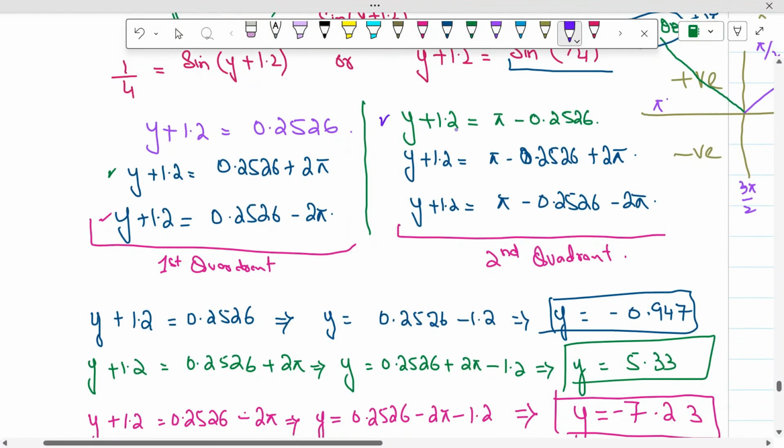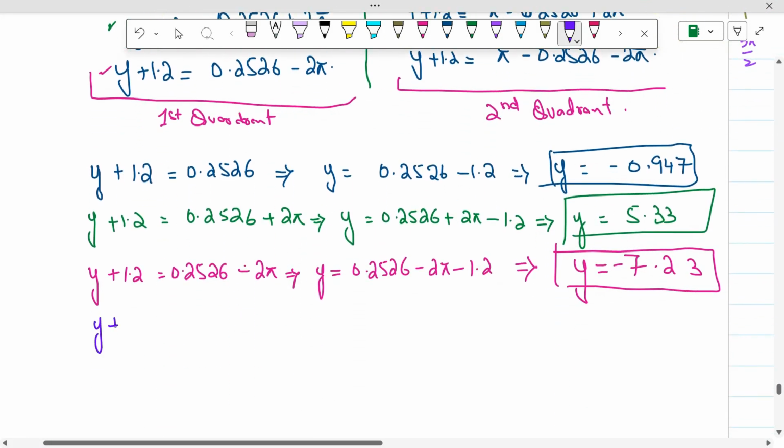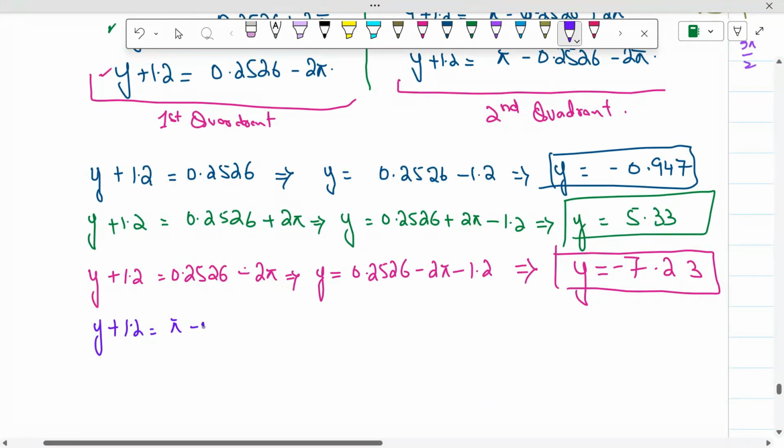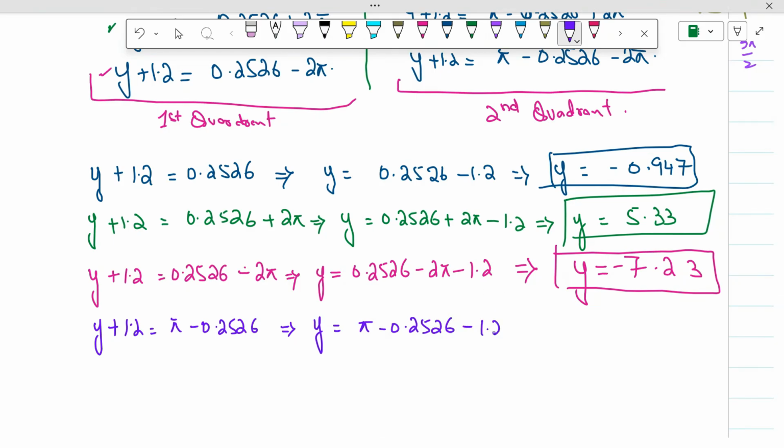First one is y plus 1.2 is equal to pi minus 0.2526, and further solving we will have y is equal to pi minus 0.2526 minus 1.2. So we will have y equal to 1.6889.